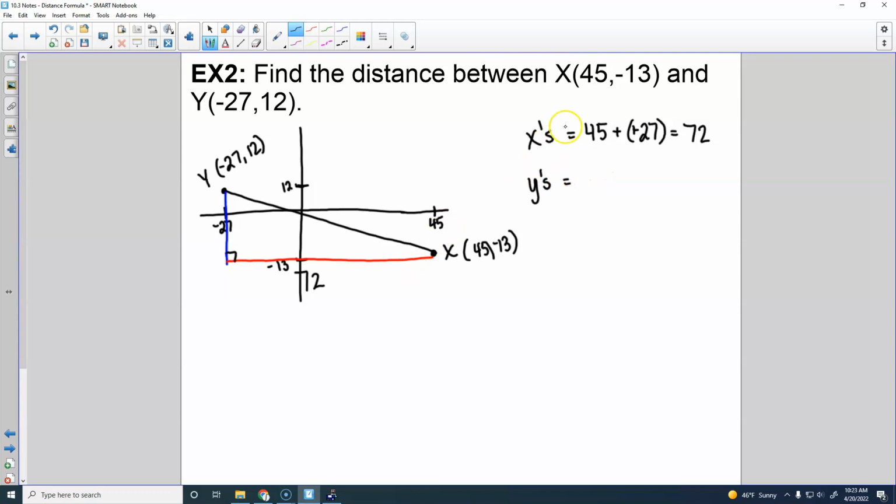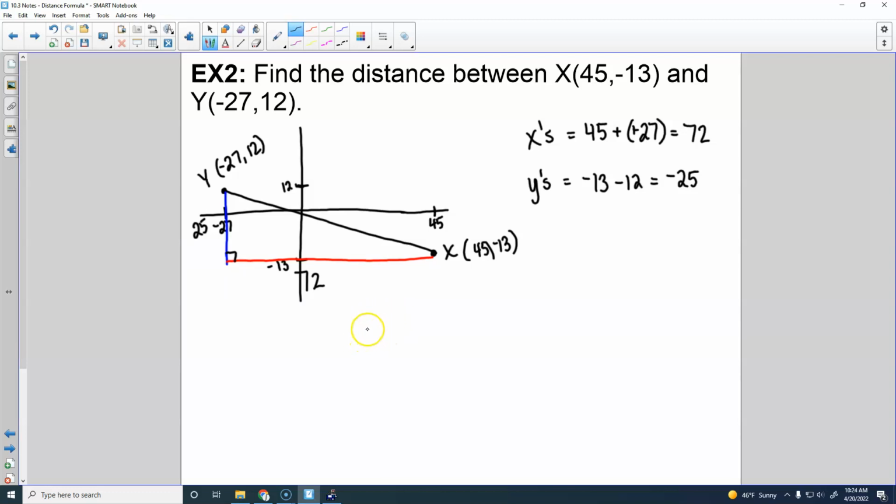And then for our y's, we would have negative 13 minus 12, which will give me negative 25. And because I know that the length of a side needs to be positive, I'm just going to call it positive 25. Or if you make it negative 25, it really doesn't matter.